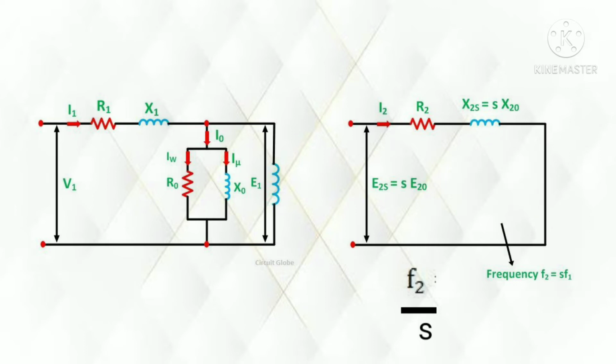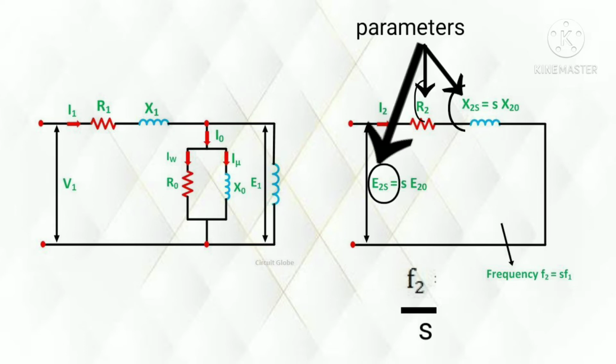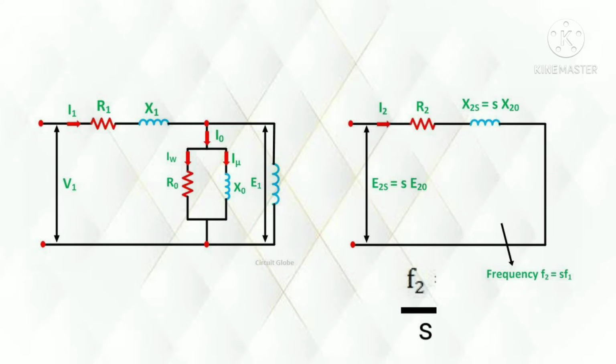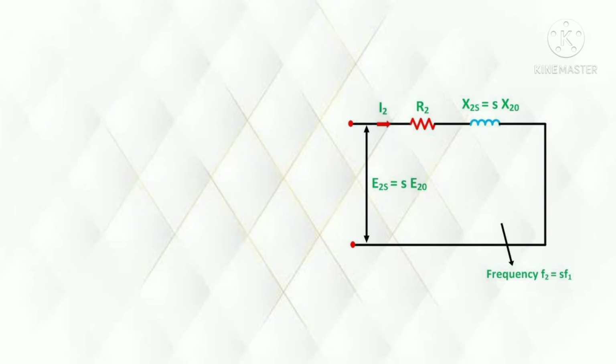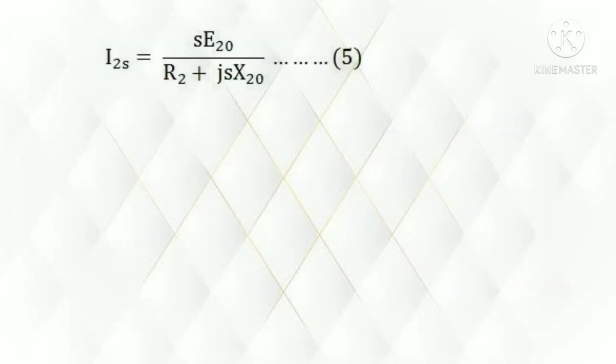As we divide the frequency of the rotor equivalent circuit by s to get f1, we have to divide all the parameters of the rotor equivalent circuit by s. Now dividing the equation of I2s by slip, we get the following equation.